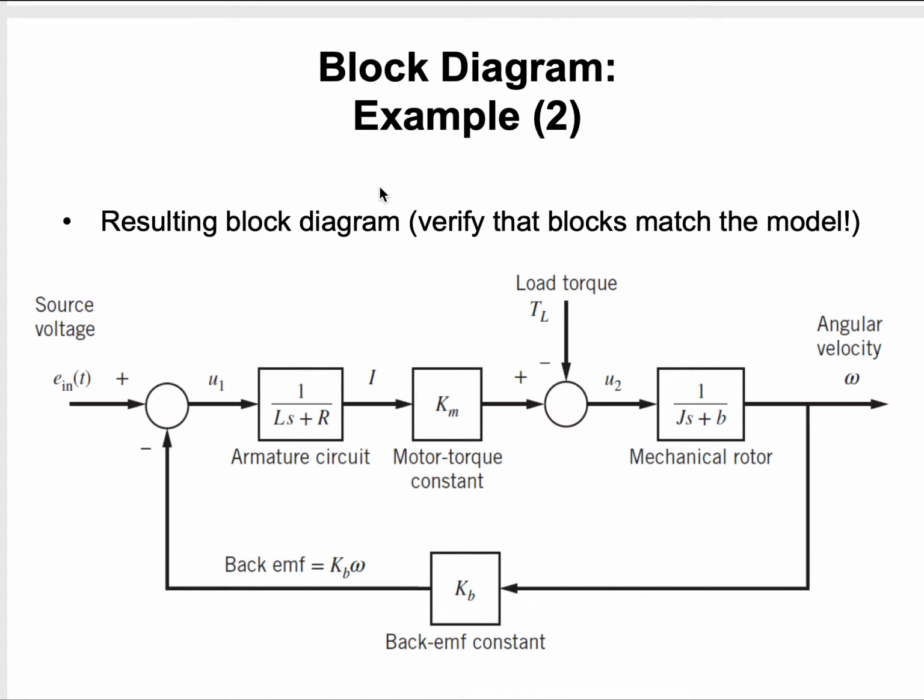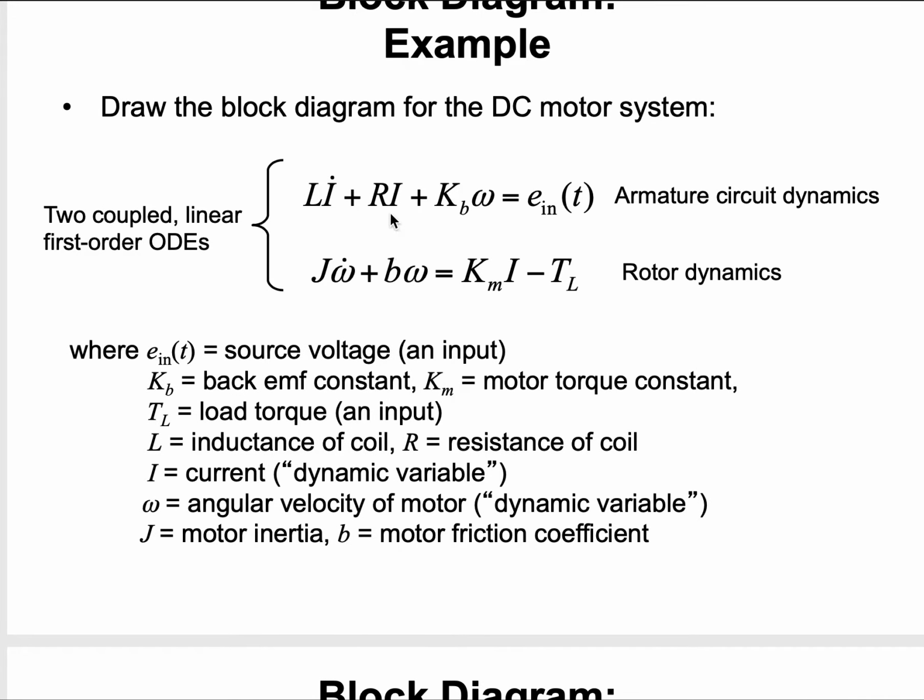So that's a first order differential equation, and actually the system dynamics is governed by 1 over Ls plus R, isn't it? Because I have here L times i dot plus Ri is equal to input. So if I take Laplace transform, Ls I(s) plus R times I(s) is equal to input, which is composed of that and that.